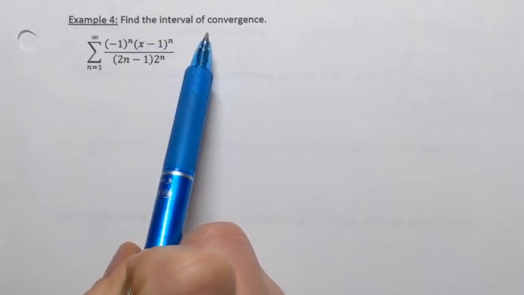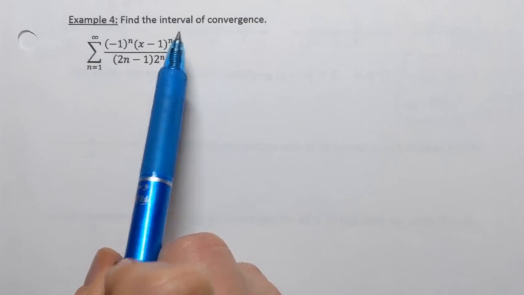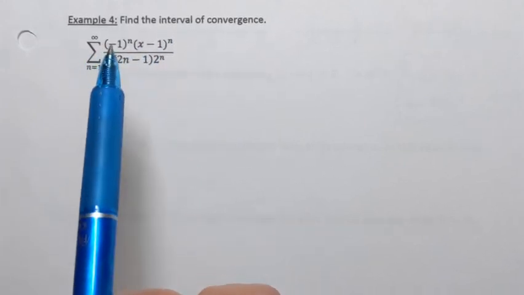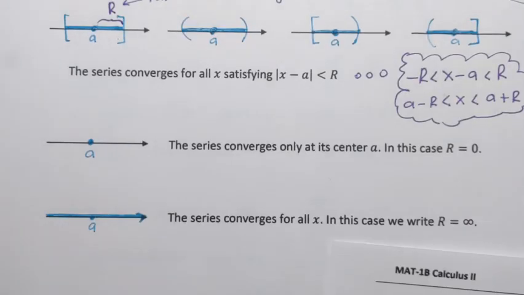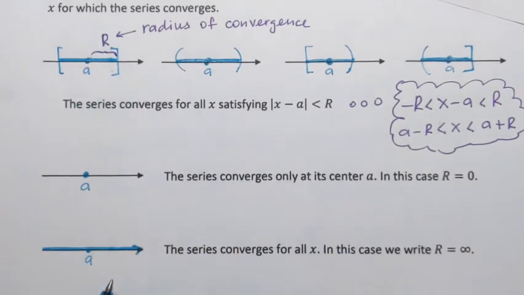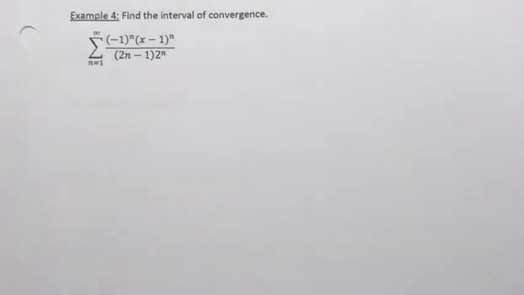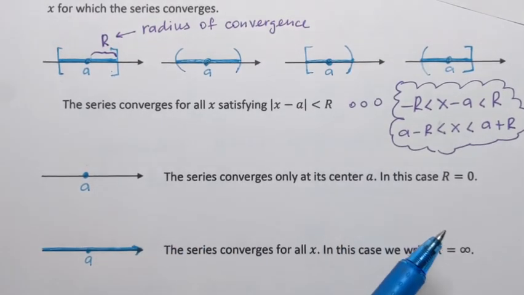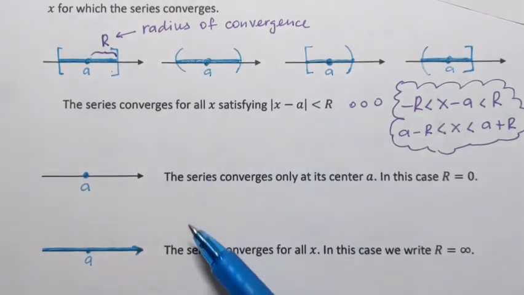We're not going to be doing this example right now. It's going to be in a separate video, but I just want to show you what's coming up. So we will need to find the interval of convergence, and it's going to be one of those cases. And besides that, it would be good to also state what the radius of convergence is. But once we determine the interval of convergence, then it's not going to be that hard to determine the radius after that.